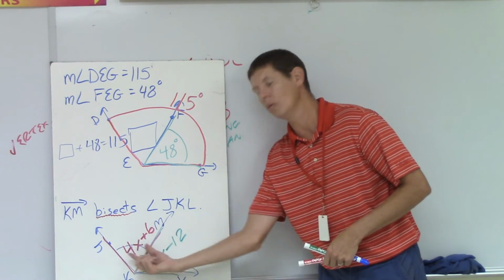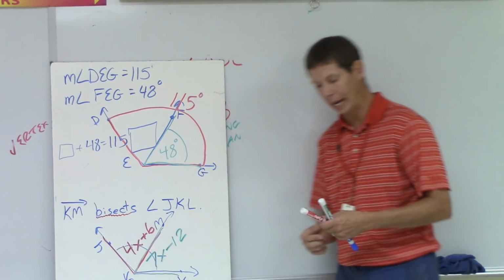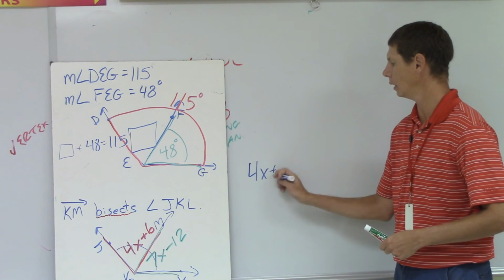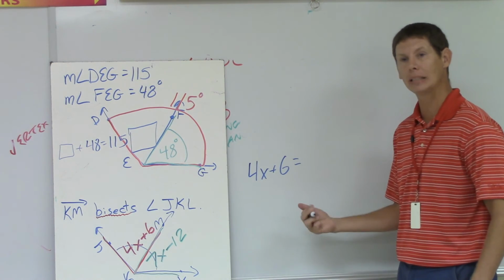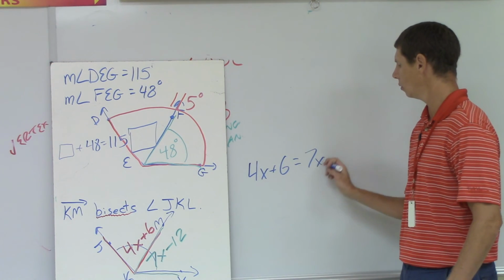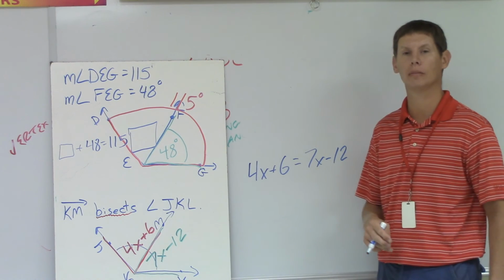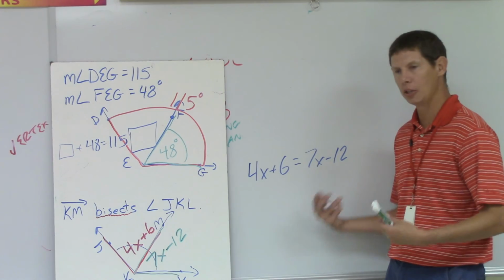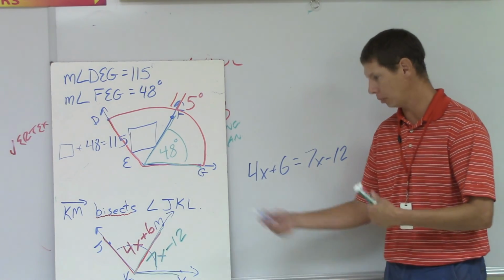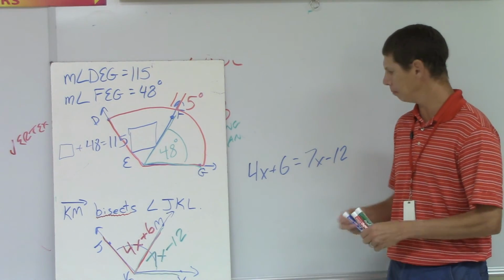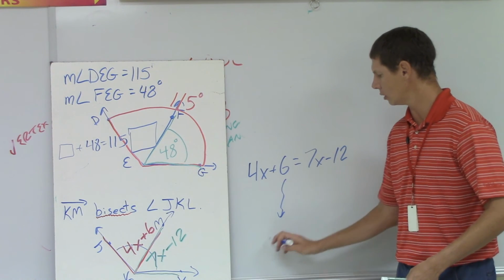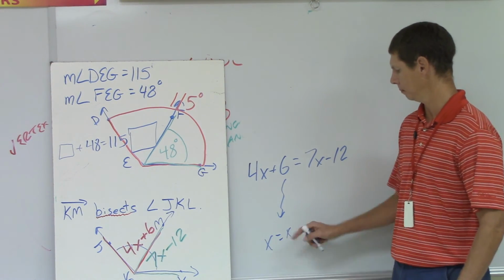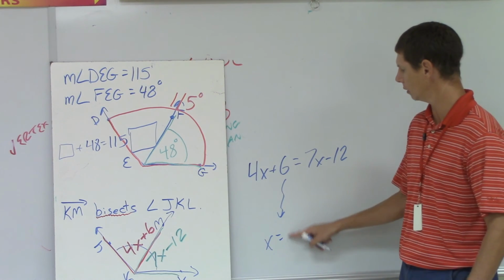So we know the two smaller angles, the 4x plus 6, has to be equal to the 7x minus 12. And then from there we can solve this. You can figure out what x is. If it has, you can put it back in. But I know we're pretty good at linear equations, so you can figure out what x is. What does x equal in this one? Maybe 6 in this one.